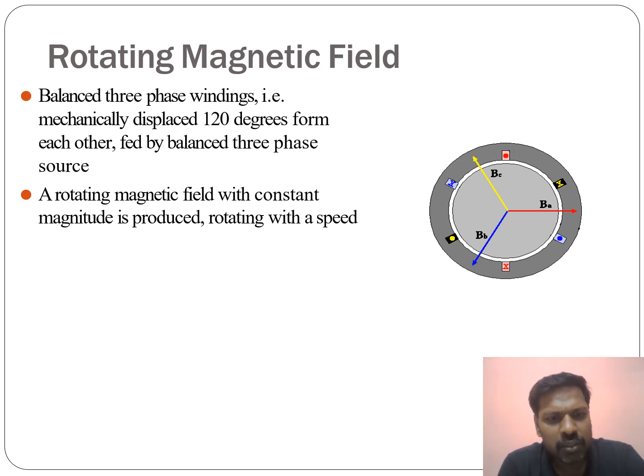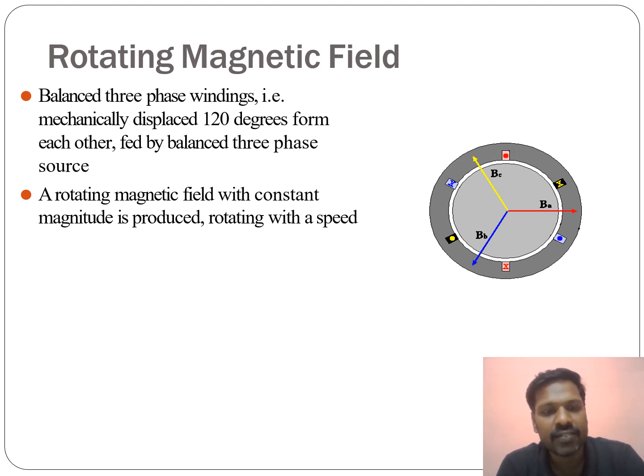Now we come to the key idea, the rotating magnetic field. In a three-phase stator, the windings are placed 120 degrees apart around the stator and are supplied by a balanced three-phase voltage source. When these balanced three-phase currents flow through the stator windings, they produce three magnetic fluxes that are 120 degrees apart in space and in time.